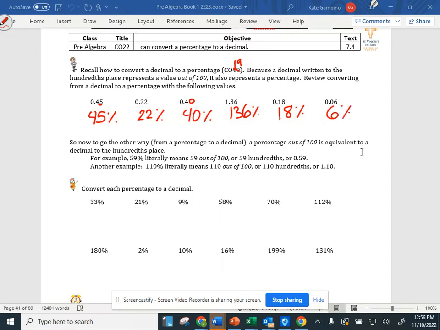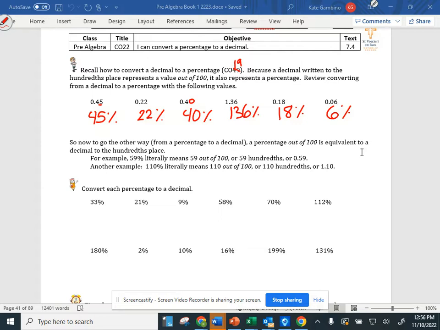So now to go the other way from a percentage to a decimal, a percentage out of 100 is equivalent to a decimal to the hundredth place. For example, 59% literally means 59 out of 100, or 59 hundredths, as in 0.59.